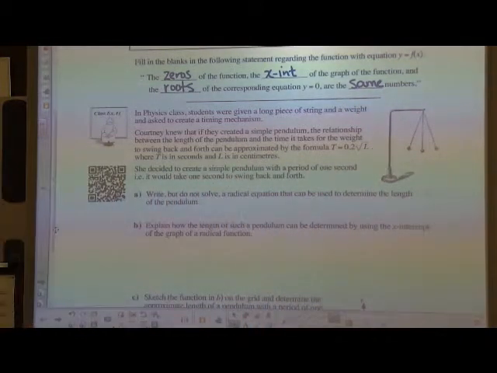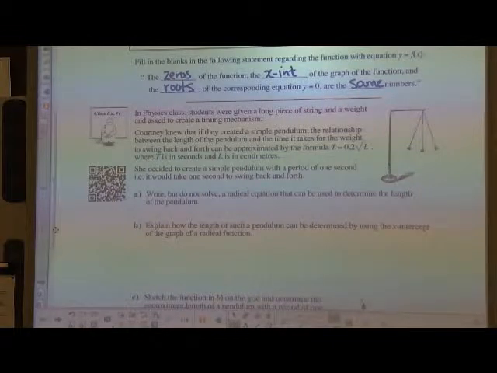So in physics, students were given a long piece of string and a weight and asked to create a timing mechanism. Courtney knew that if they created a simple pendulum, the relationship between the length of the pendulum and the time it takes for the weight to swing back and forth can be approximated using the formula T equals 0.2 times the square root of L, where T is time in seconds and L is the length in centimeters.